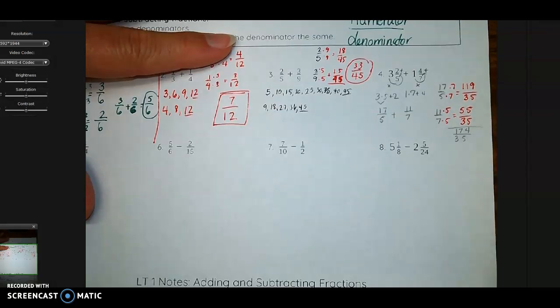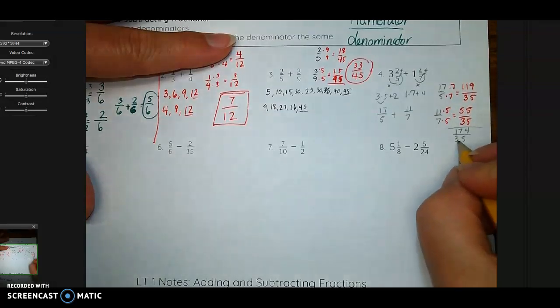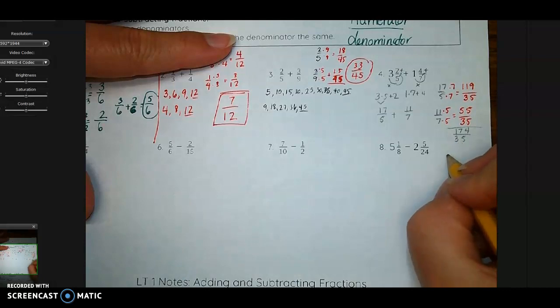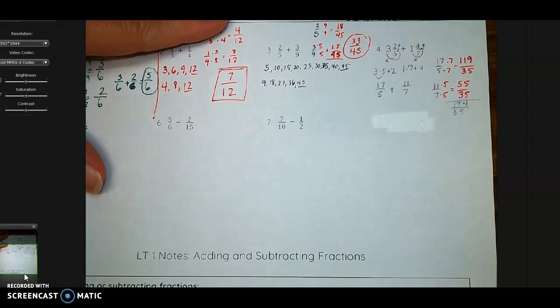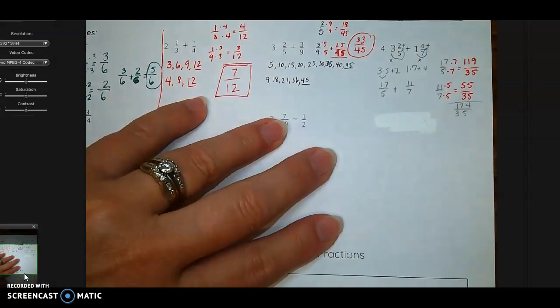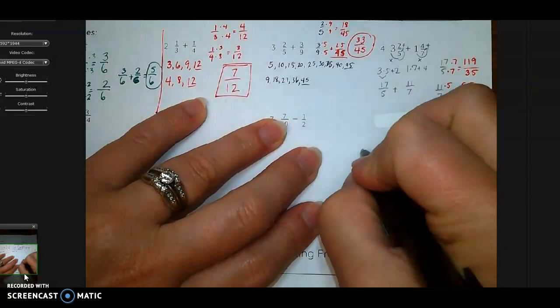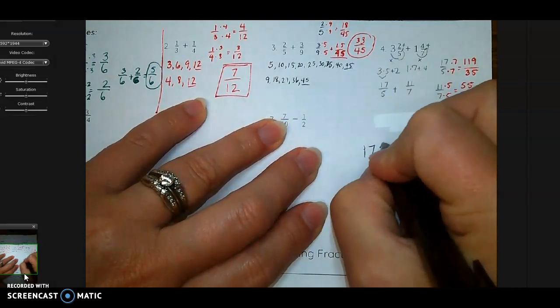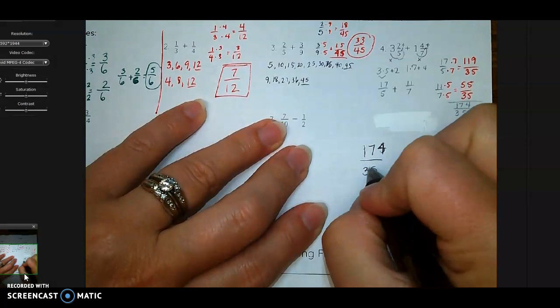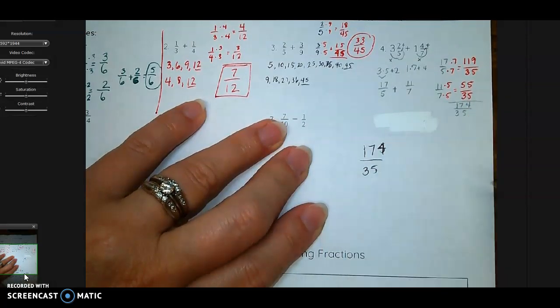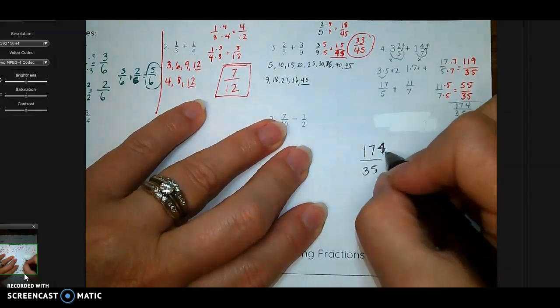That might take you a little bit more time there. So I'm going to do, alright, so we've got 174 over 35, and we need to turn that back into a mixed number. So if I have 174 over 35, I'm going to see how many 35s I can get out of 174. I've got that bigger number on the numerator.